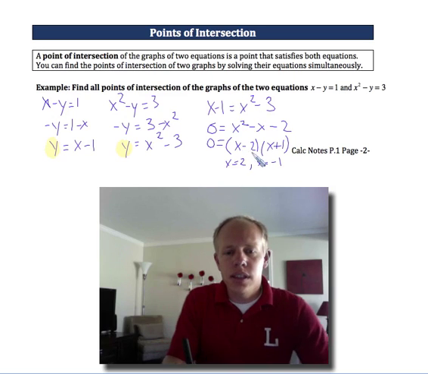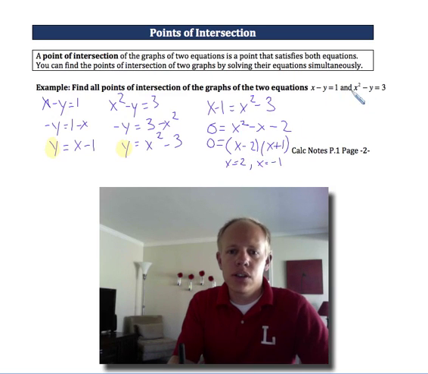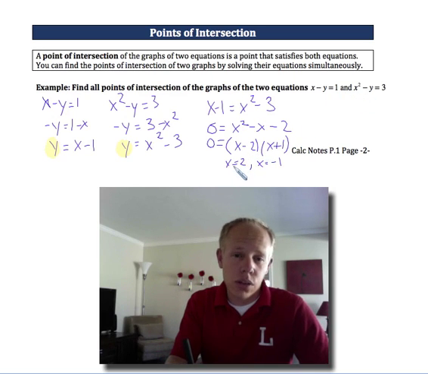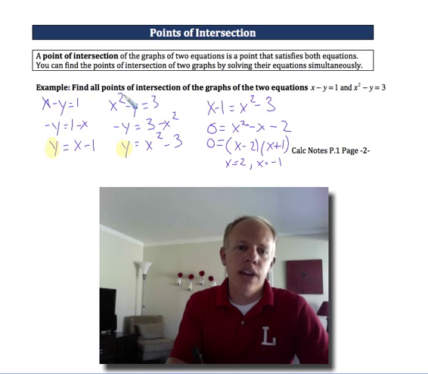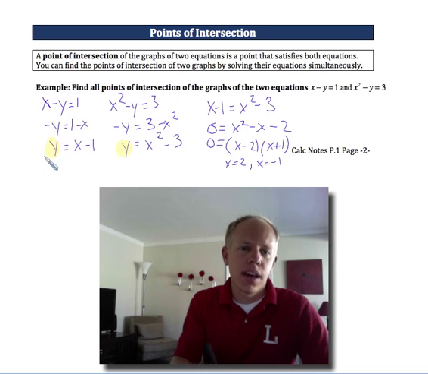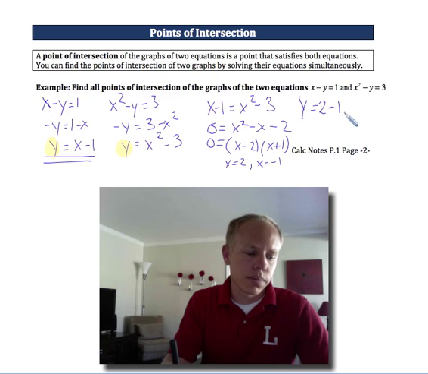So what this tells us is these two equations intersect when x is 2 and when x is negative 1. But we want to find actual points. So we need to substitute the x values back into an equation to find the y. This equation is definitely the easiest, so we'll try this here. y equals 2 minus 1, and that gives me 1.